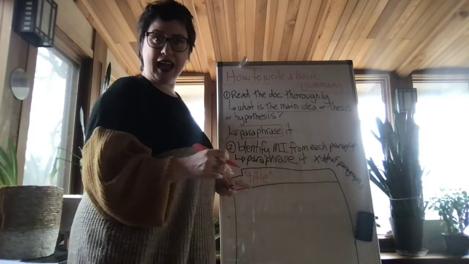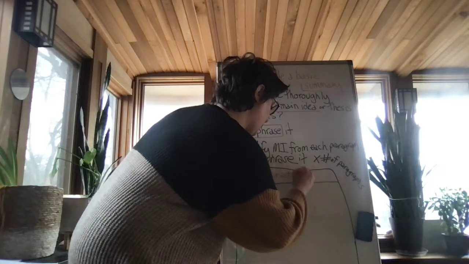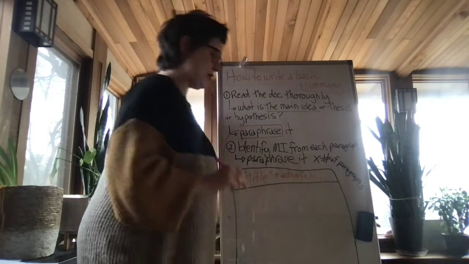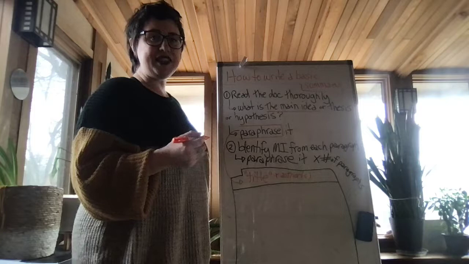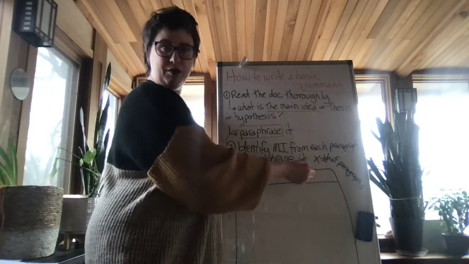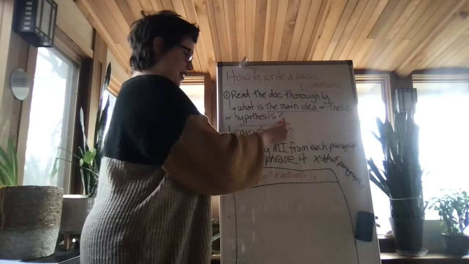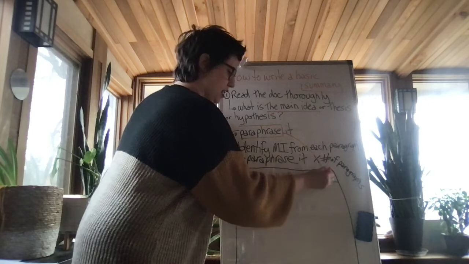So it's going to be the title of the document plus the author or authors' names. So we often say, for example, in "title" by author, comma, and then you begin this. And this goes right here.